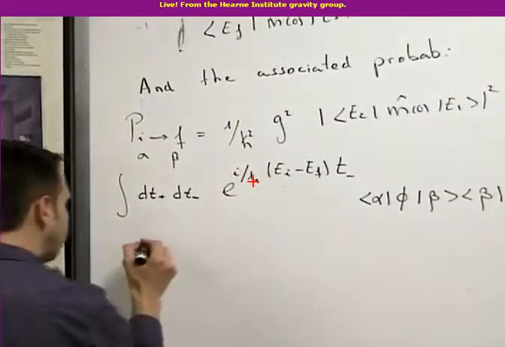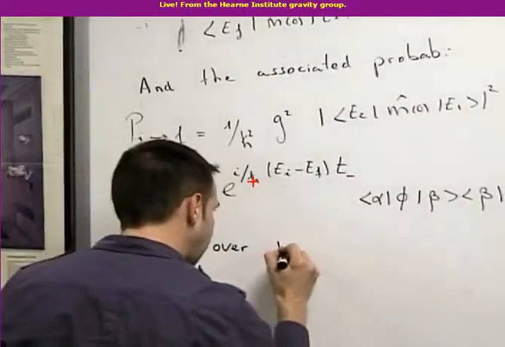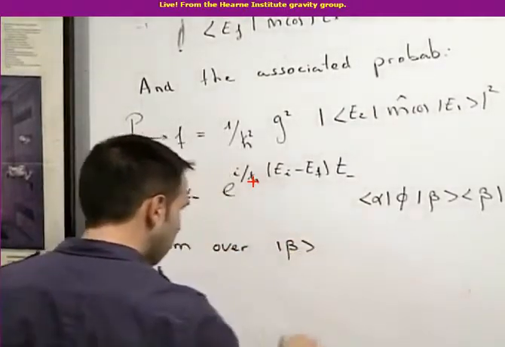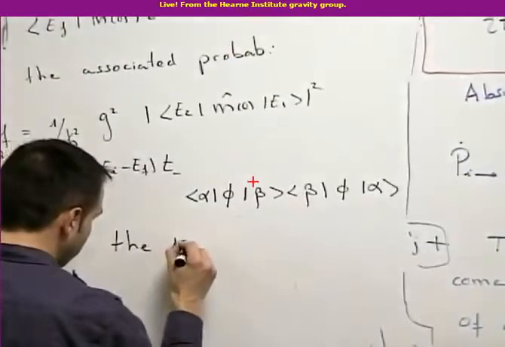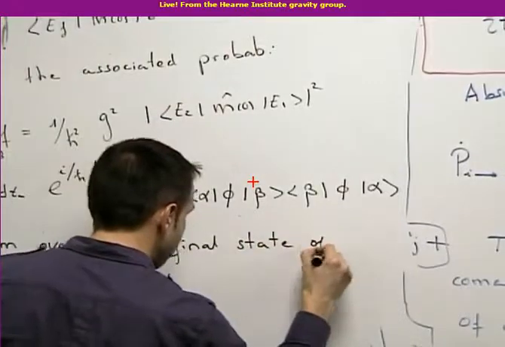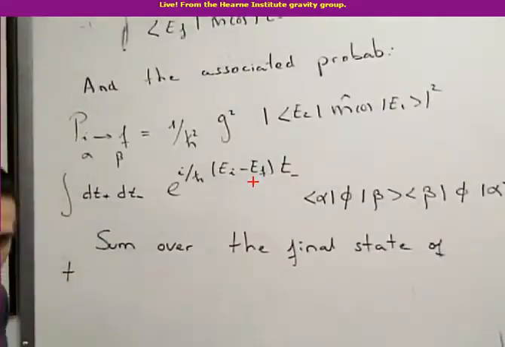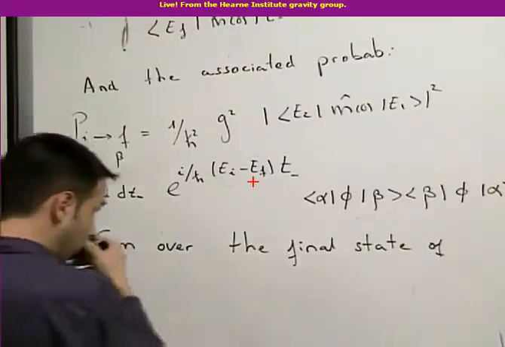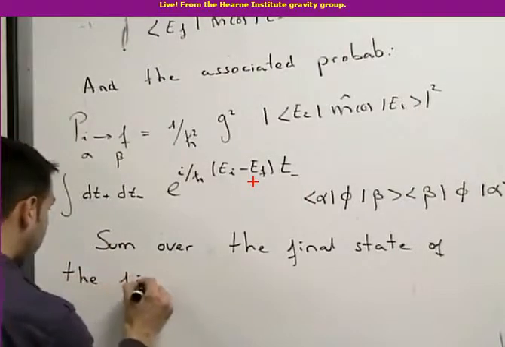So now the statement is that if you sum over the final state of the field, so imagine that you just want to know what is the probability of excitation, no matter what is the final state of the field. You don't care about it. You just want to know when it's excited, the final state of the field beta.